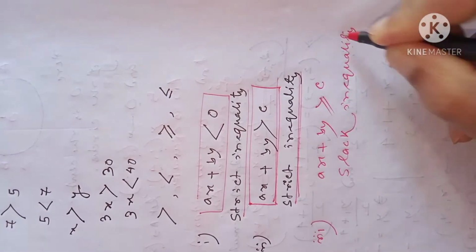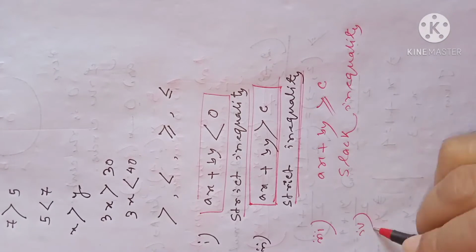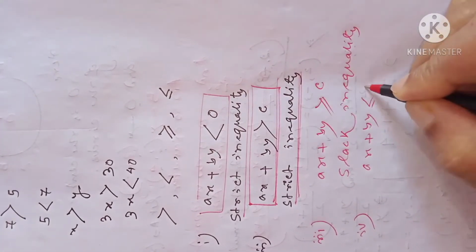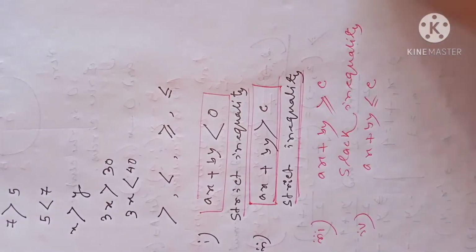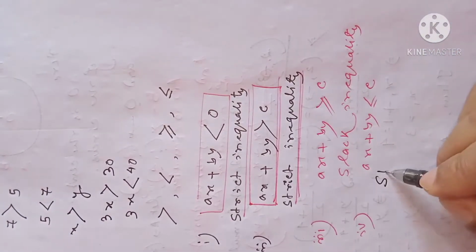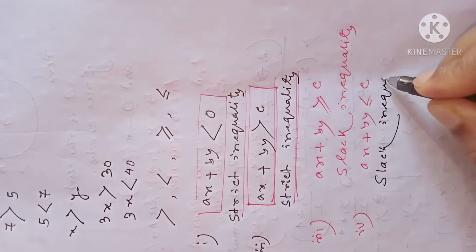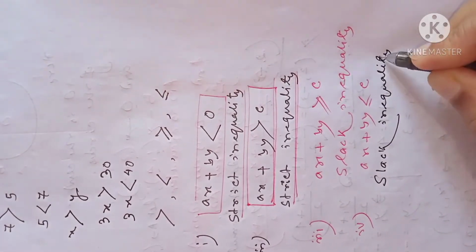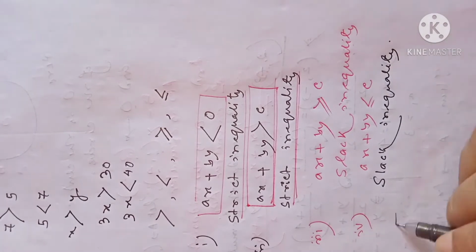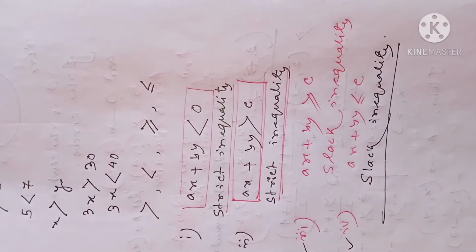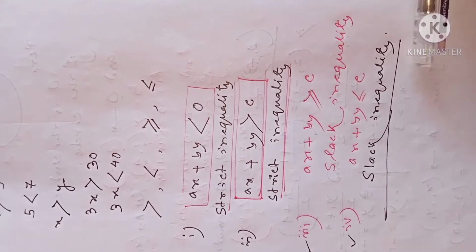So if you are using like this ax plus by smaller than or equal to c, this is also slack inequality. So these examples I have given to you just to understand what is the meaning of slack inequality and strict inequality.